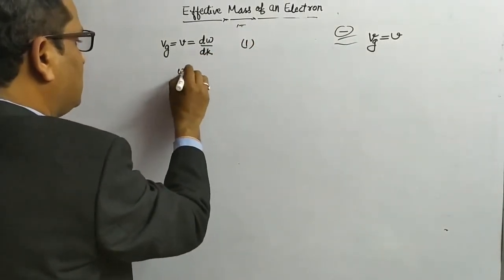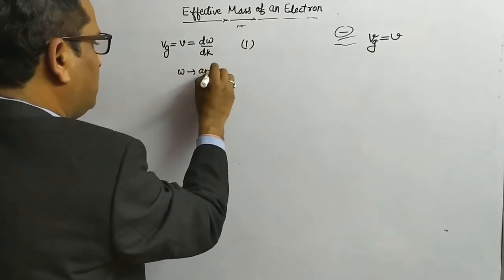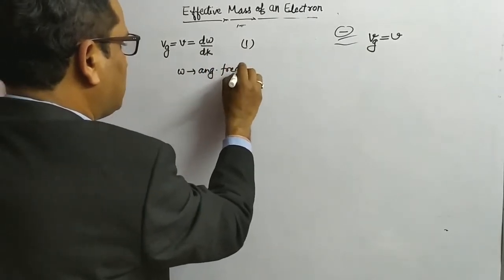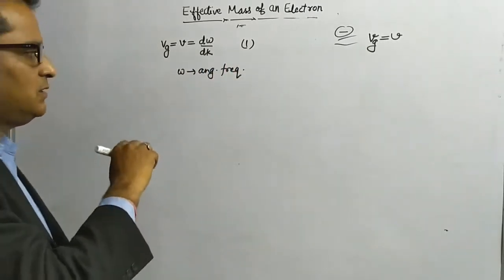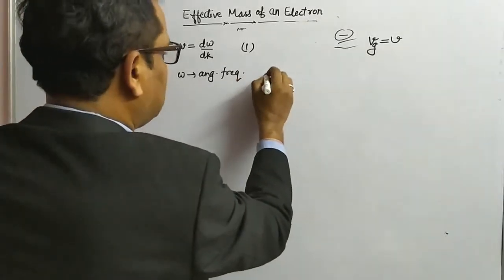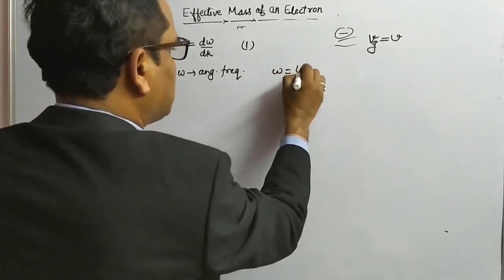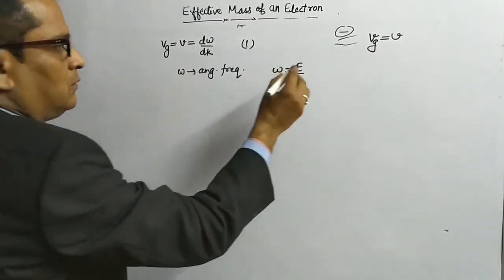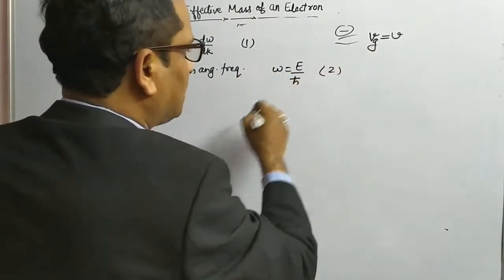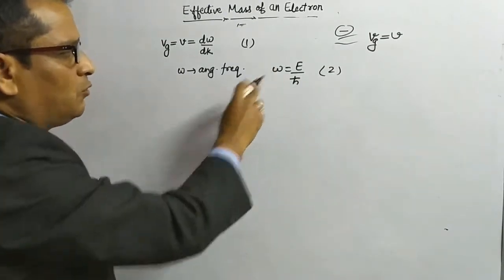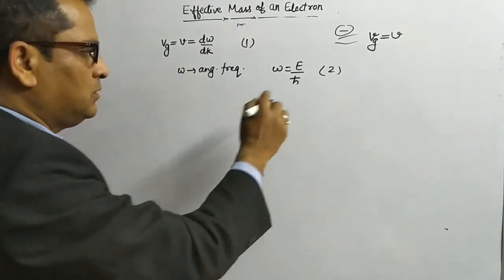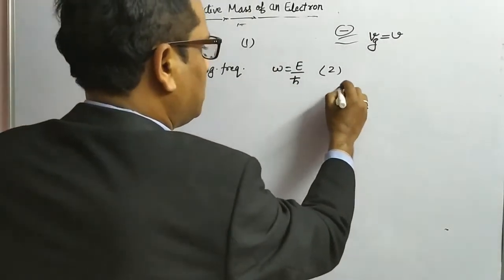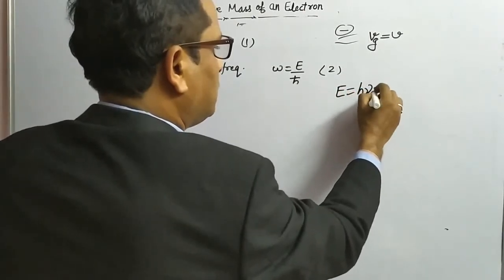This omega means angular frequency. Angular frequency can be written as E by h cross. How come this omega is written as E by h cross? Because E is h nu.